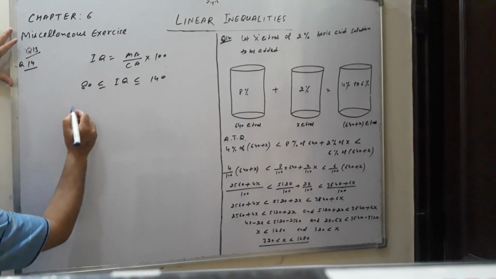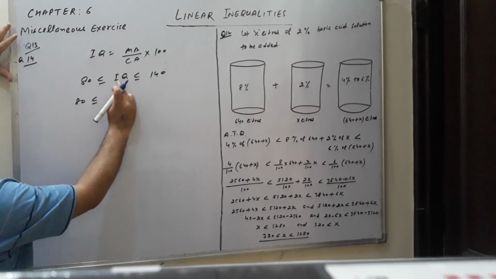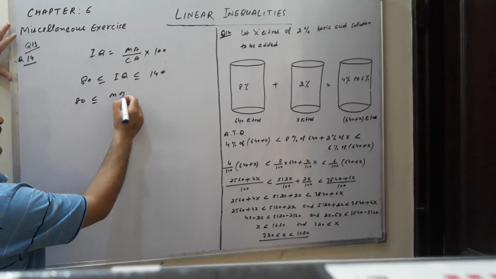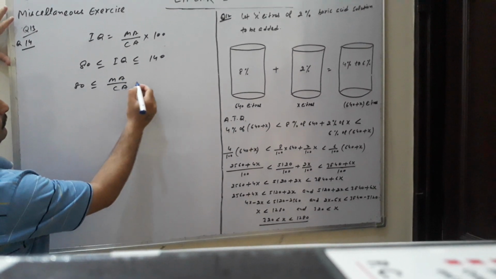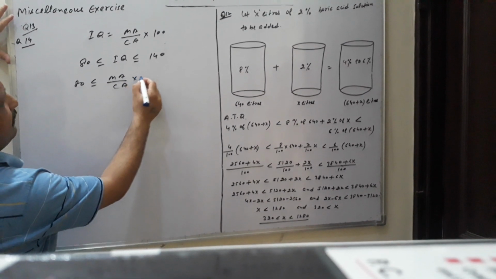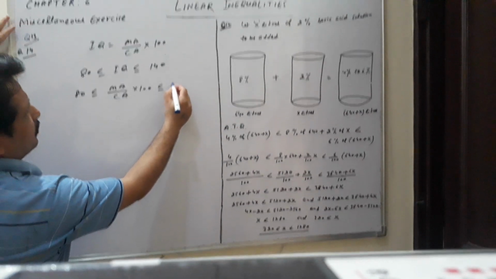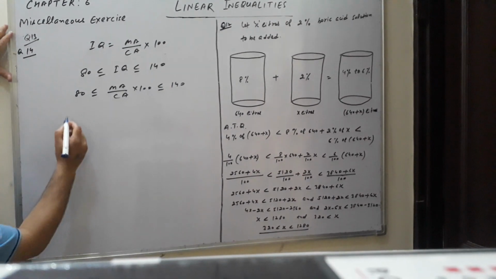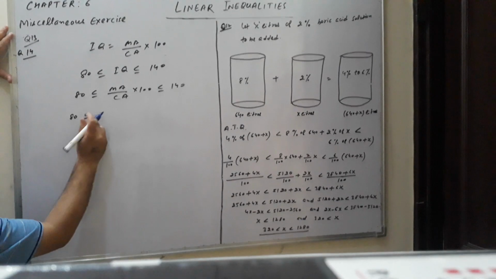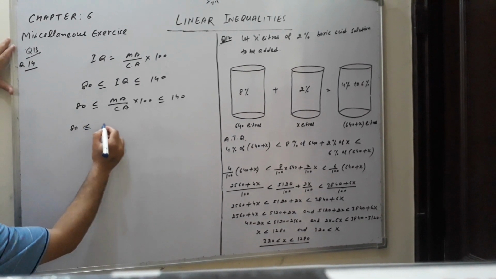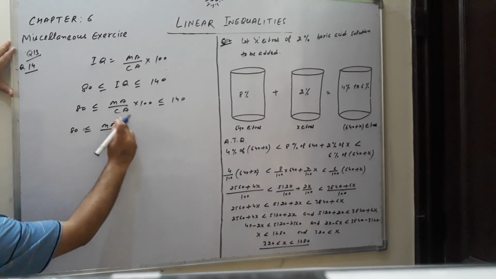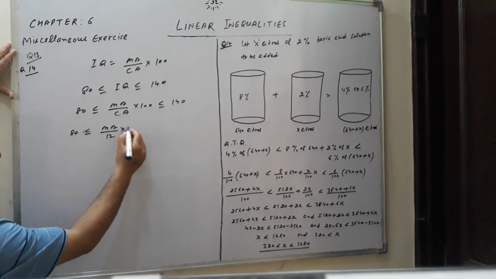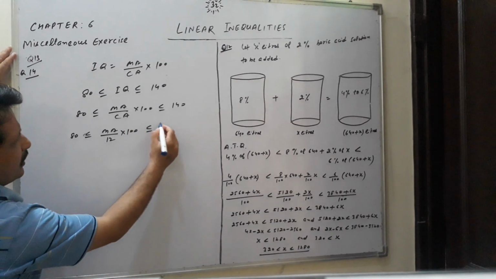Now what you will see is that 80 is less than or equal to IQ, which is MA upon CA multiplied by 100, is less than or equal to 140, right? Now this is 80 is less than or equal to MA upon 12, the chronological age, multiplied by 100, is less than or equal to 140.